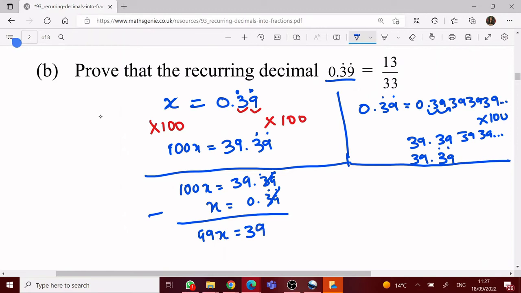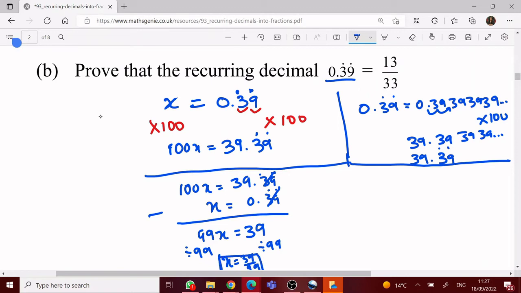The reason we multiply by 100 is so we can cancel out the recurring and end with a normal number, which in this case is 39. So now you will solve it normally: divide by 99 on both sides, and you get x is equal to 39 over 99.